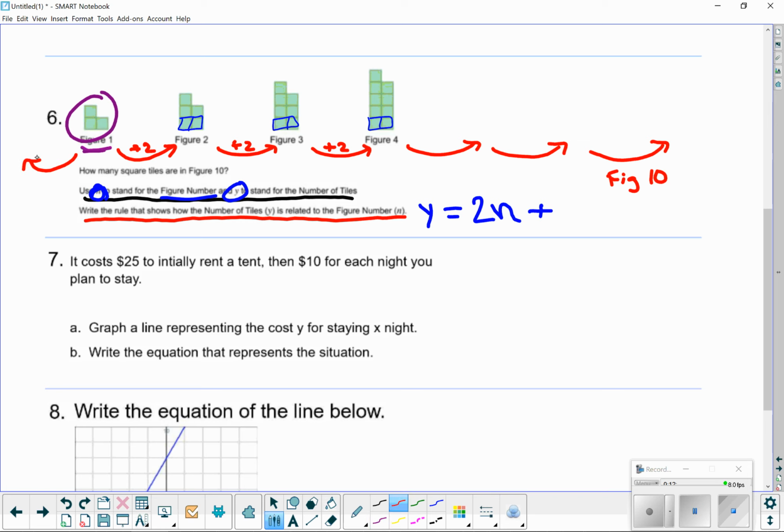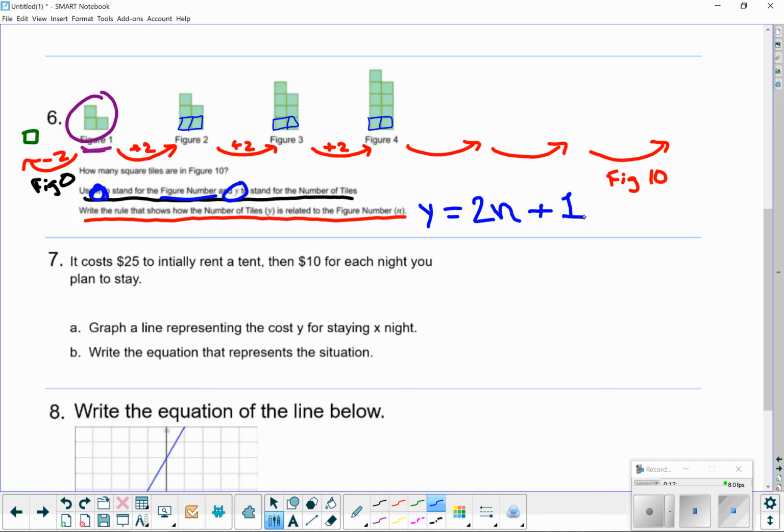So if we're adding 2 to go forward in the figure number, then we need to subtract 2. That means figure 0 would have only 1 block. So when I'm doing my rule, it's going to be plus figure 0, which is the very beginning, which is plus 1.